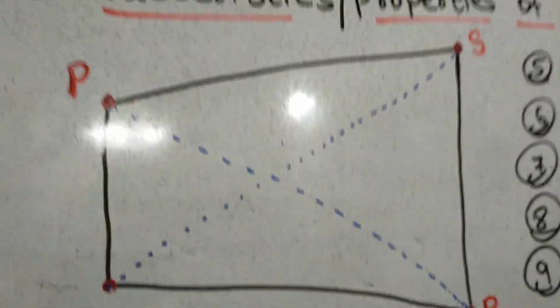Then it has 2 diagonals. When you join the opposite vertices, you will get diagonals. Then one more: 2 adjacent angles, 2 opposite angles, 2 adjacent sides, 2 opposite sides. These are the characteristics or properties of a quadrilateral.